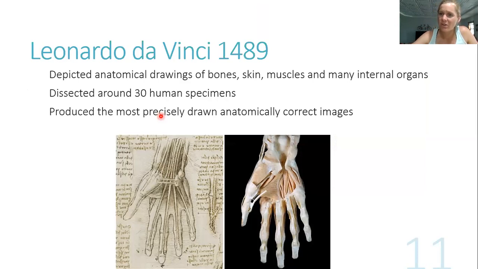The reason he was good at this is because he used math. So he would measure, okay, what's the distance from here to here on the average person? And so then he was able to create these very mathematical images based on these calculations that he had.